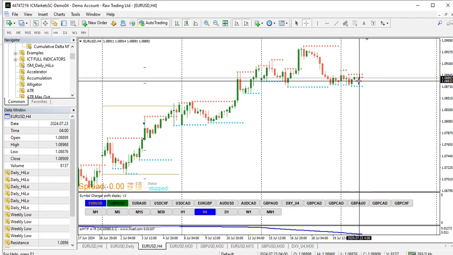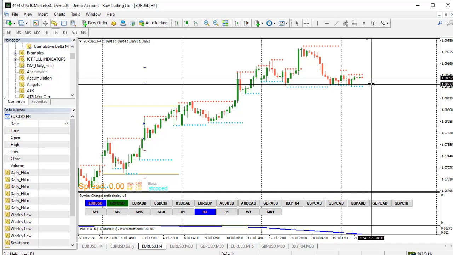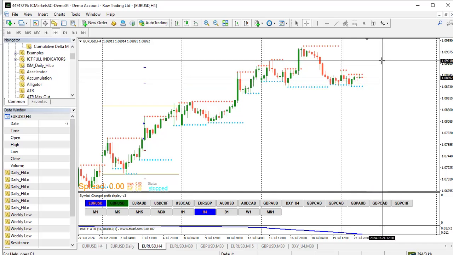So we'll be looking for the Asian low. This is going to be your Asian low. We'll be looking for price to run below the Asian low, and then we'll begin to look for an opportunity to buy EU. So that is basically what we are going to be looking out for this week.